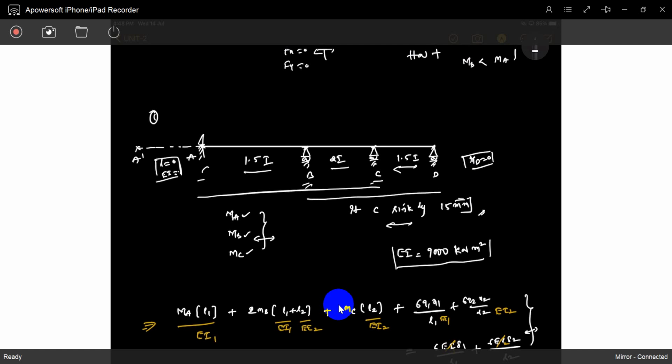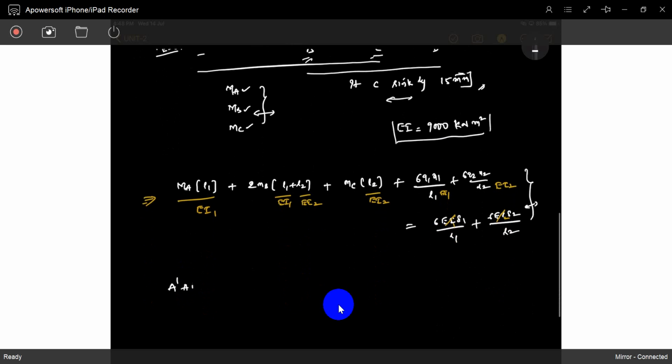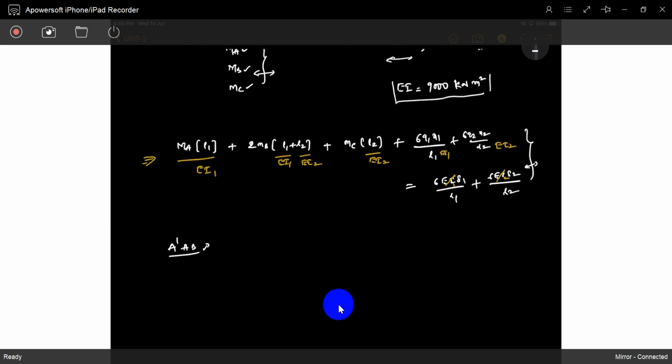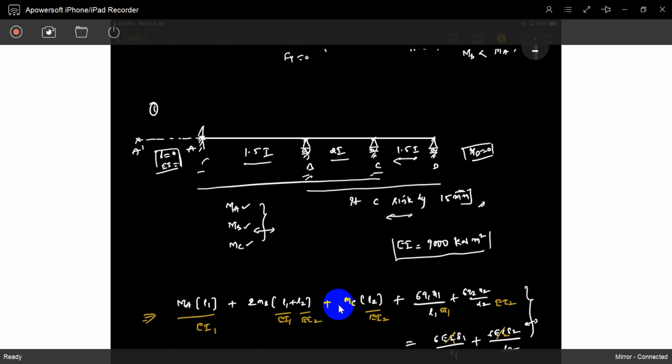Something imaginary. So we'll start directly with A dash A B, the first beam. So MA dash is 0, directly taken. 2MA, L1. I didn't give an L, so I will give L.